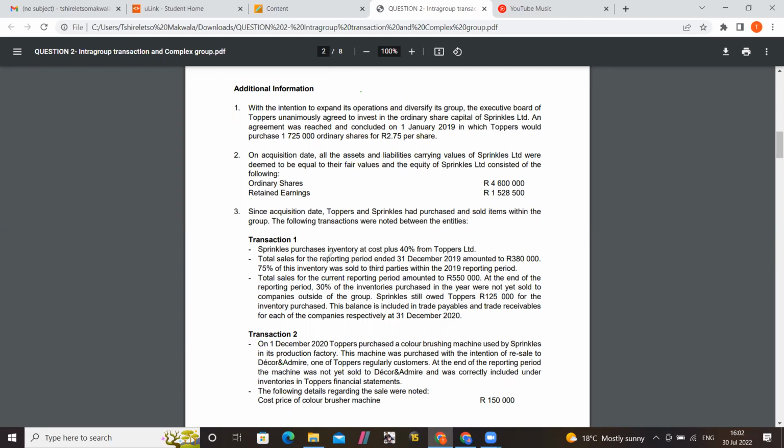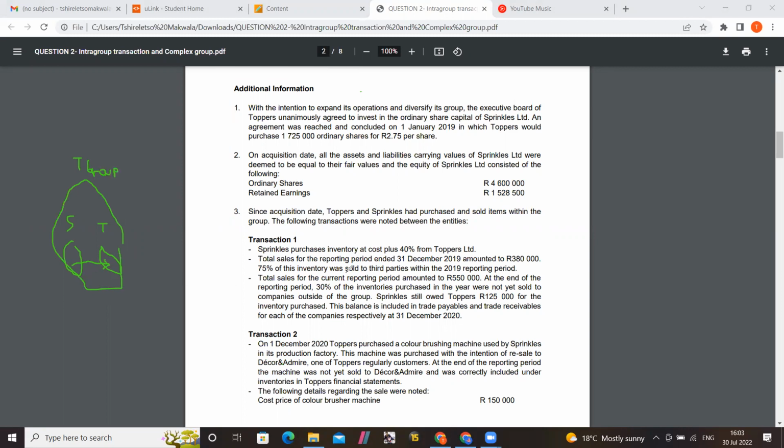Do you see? So here we have Sparkles, and we have Topper, and then Sparkles sells to Topper. And here we have the Topper group, right?